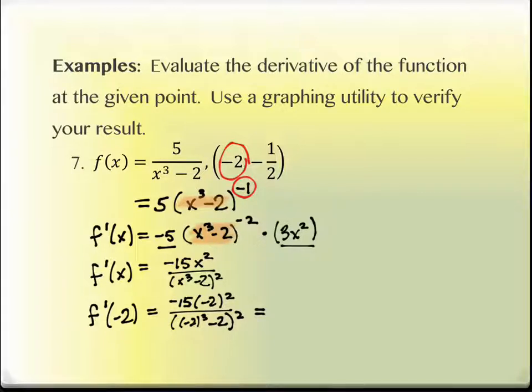Okay. -2 squared would be 4 times the -15 in front of it is actually -60, yeah. In the denominator, -2 cubed is -8, minus 2 more would be -10, and then -10 squared would be 100.